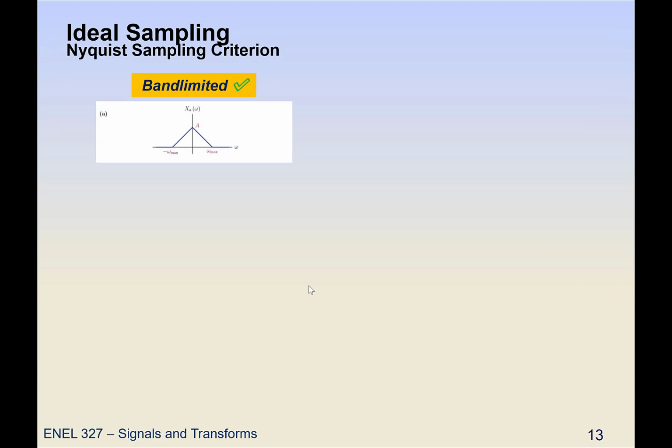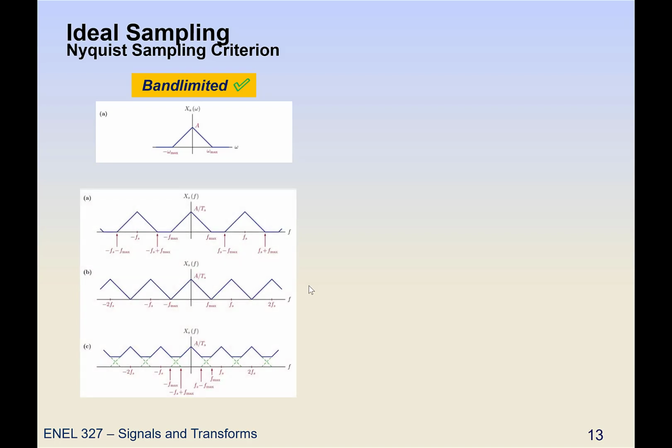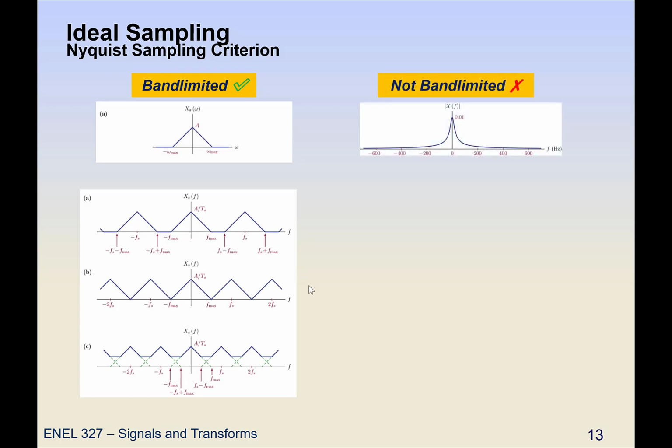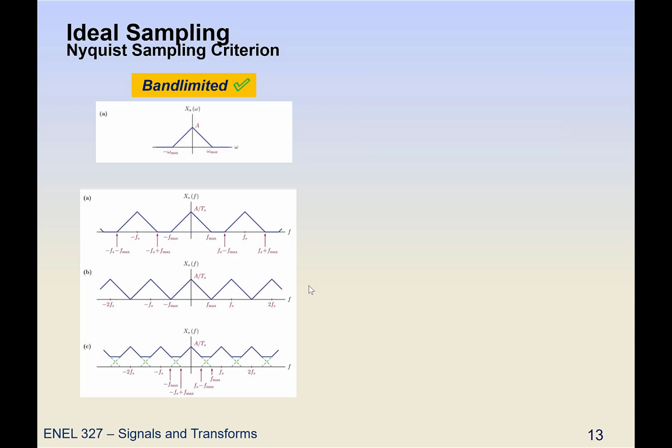And what we say is that as long as a signal is band limited, that is to say, as long as its Fourier transform is limited to a certain frequency range, then we can actually reconstruct it.